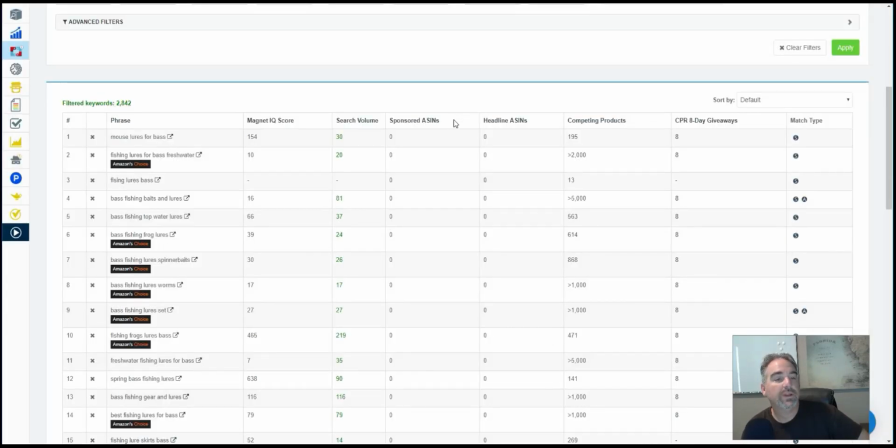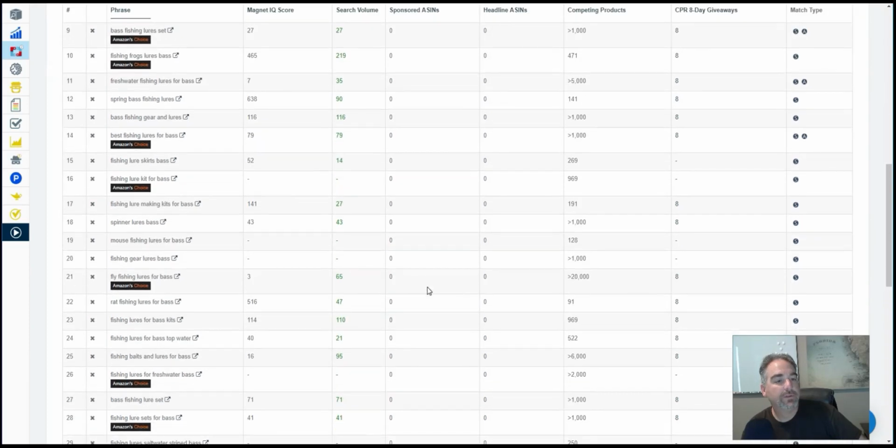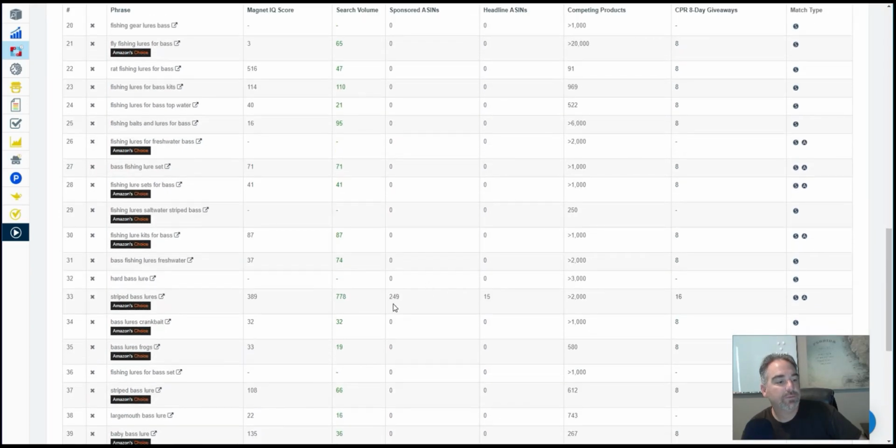And what I like here about Helium 10 is that they have the sponsored ASIN. So what that tells you is how many products are running ads for these keywords. And that is extremely helpful because, if you were going to source this product, you'd want to run through here, and here's a bunch of keywords that nobody's running ads on. And then, as you go down the list, you see this one that 249 people are bidding on this particular keyword.